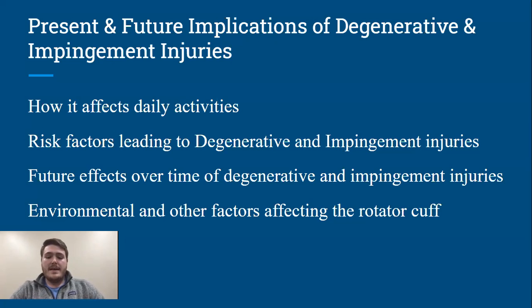And then environmental and other factors affecting the rotator cuff is also that you can re-tear it after you have it surgically repaired. Also, if you have diabetes, this increases the chance even more, and this also increases the tear size as well. You will have reduced tendon length from surgery, and then body mass index also plays a big role.